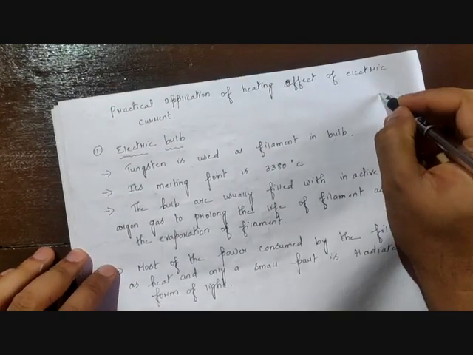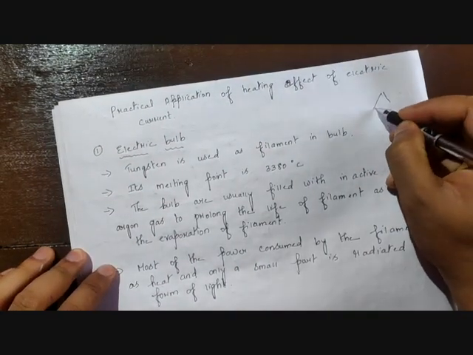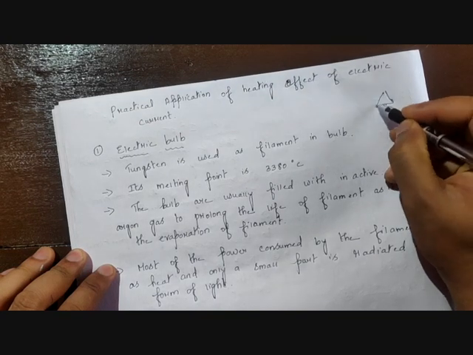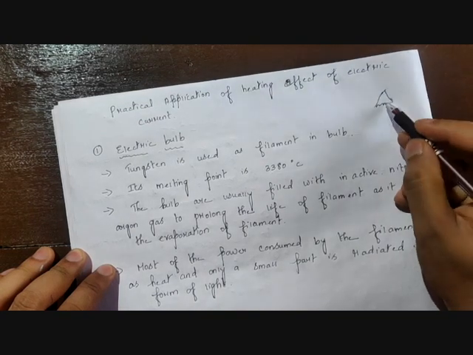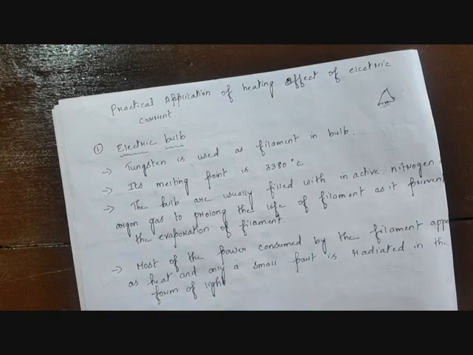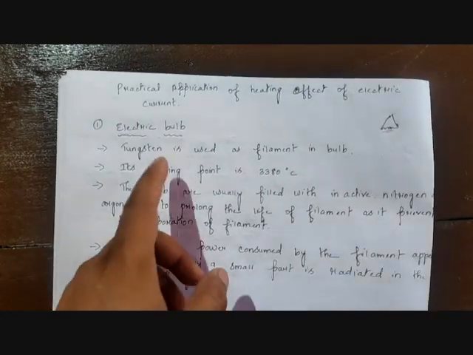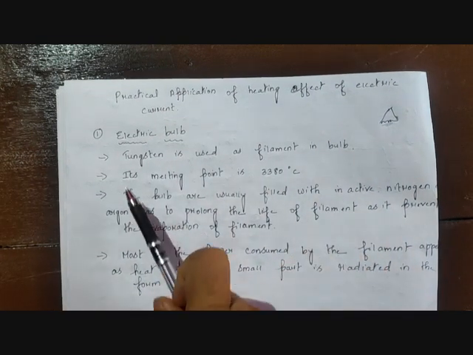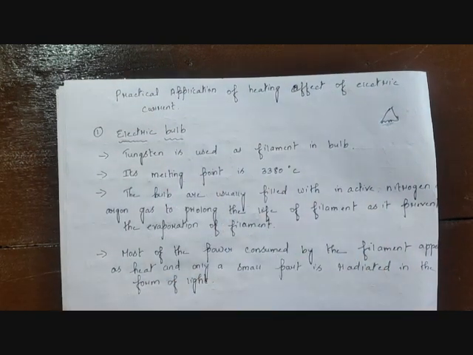In the bulb, one type of filament is there. That filament is made of a material called tungsten. Tungsten is used as the filament in a bulb. The melting point of tungsten is 3380 degrees Celsius.